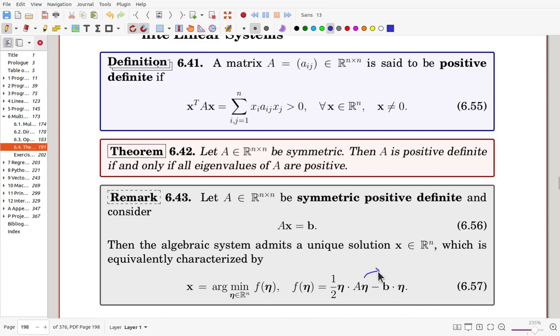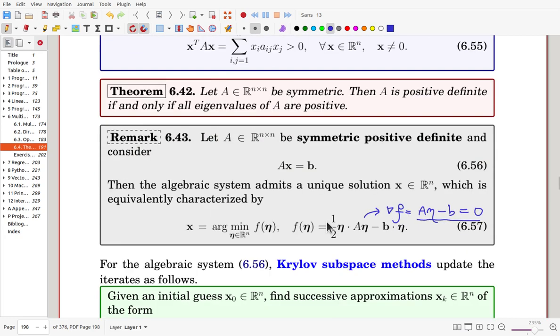Once you take the derivative, actually the gradient, the gradient of f is A eta minus b. By setting it to 0, we reach this problem. So they are the same.